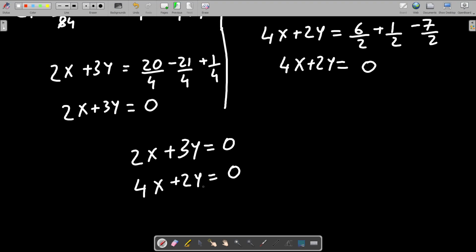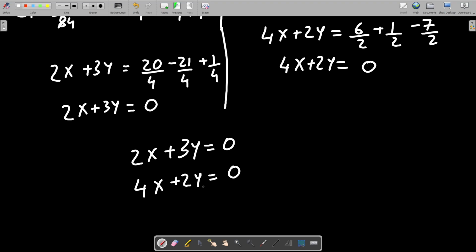The coefficients are the same compared to the original lines. What has changed? Only the constant has gone away. So you can say that these new lines in capital X and capital Y are both passing through the origin. If both lines pass through the origin, what will be the point of intersection? The origin only, because they can't intersect at two places.